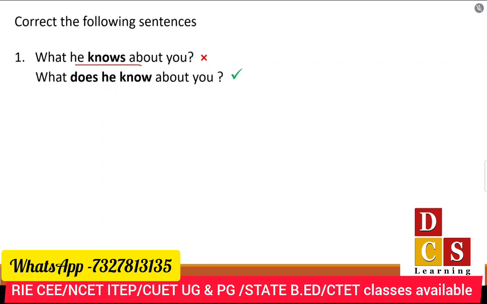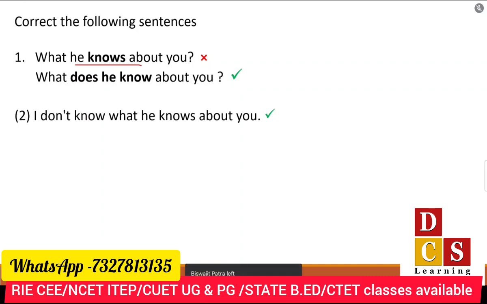Okay. Next. I don't know what he knows about you. I have marked it right. You tell me whether this sentence is right or wrong. If it's wrong, correct it.